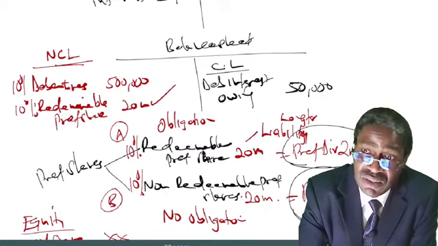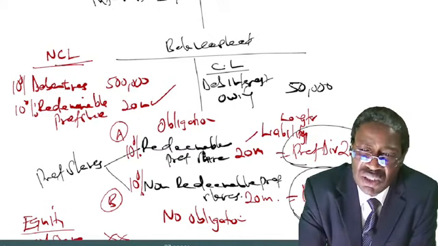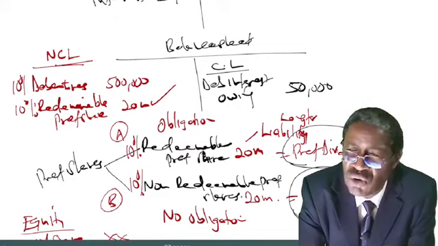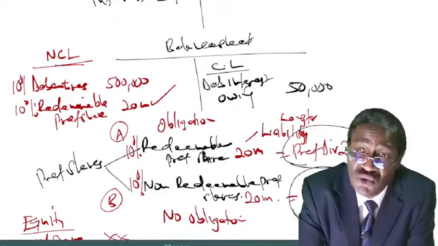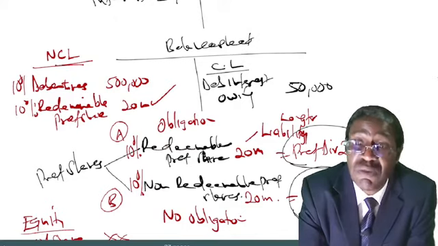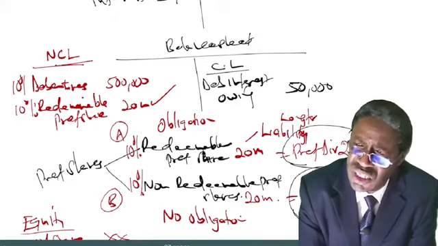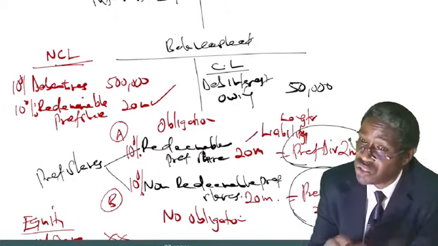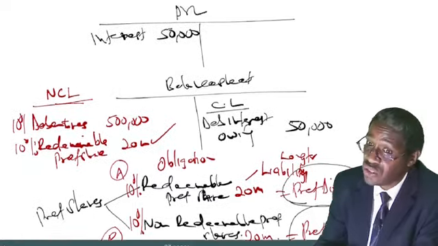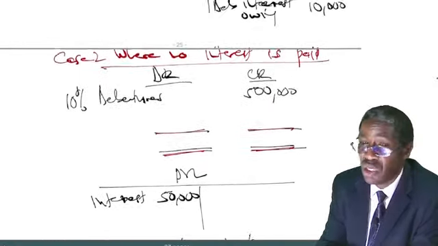Now, because you borrowed by issuing redeemable preference shares, the cost of borrowing, that 2 million on redeemable preference shares, again, it should be considered as a finance cost, not as an appropriation of profit.